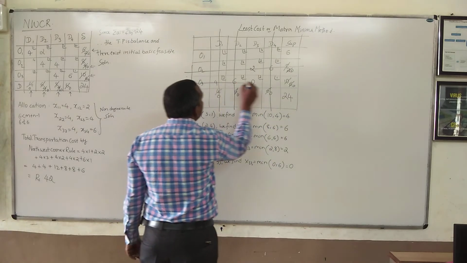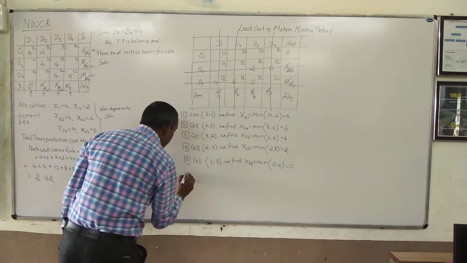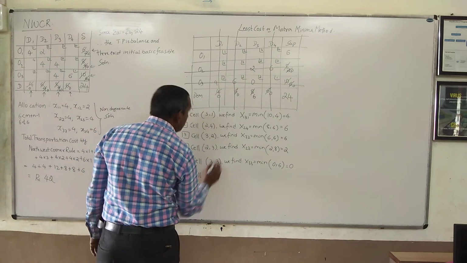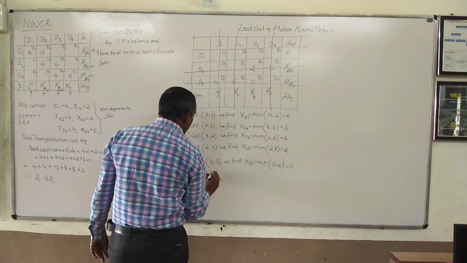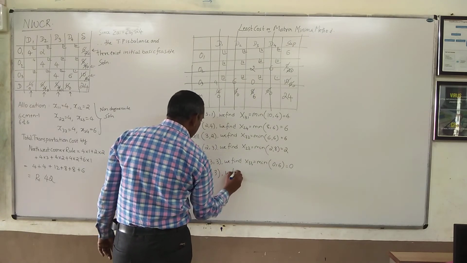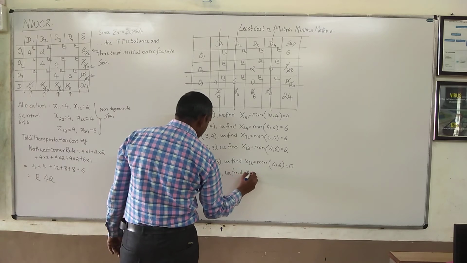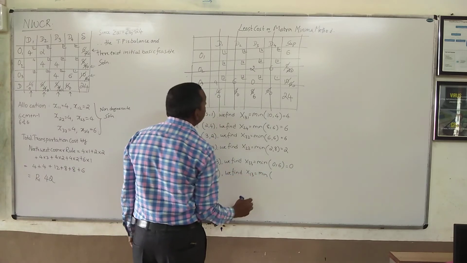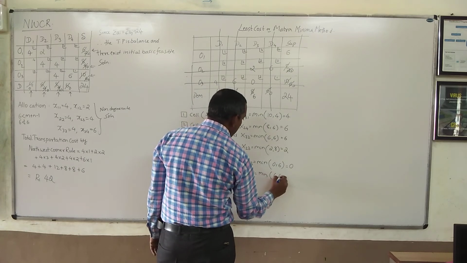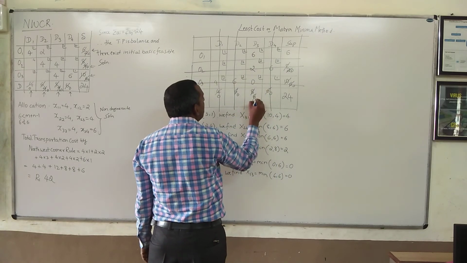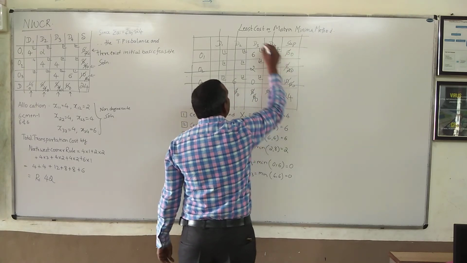Fine. So this gets exhausted. And the sixth is cell 1 comma 3. We find x13, that is minimum of 6 comma 6, that is 6. So let me write 6 here. This becomes 0 and this becomes 0.